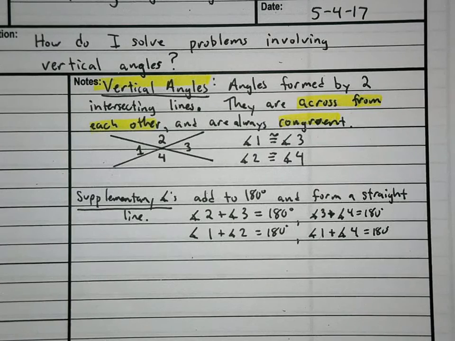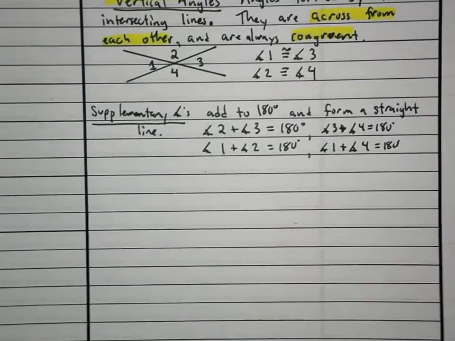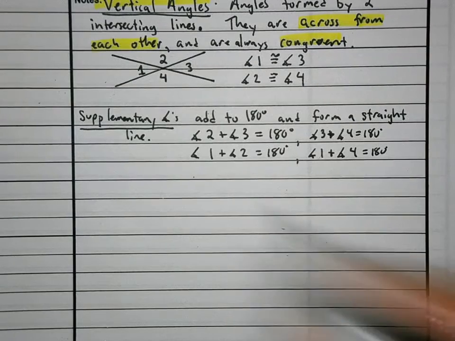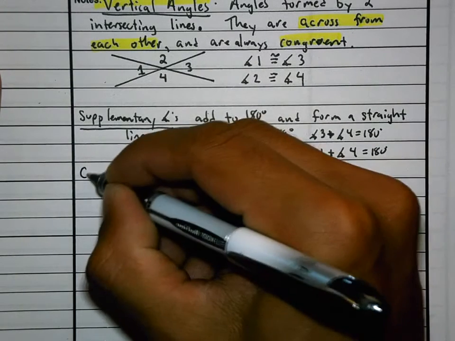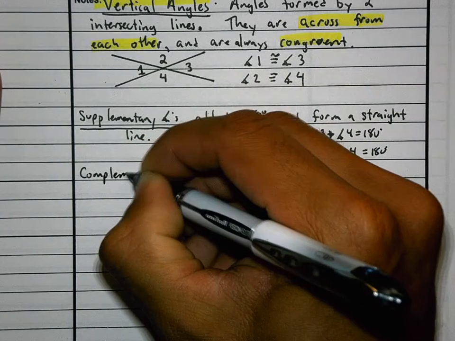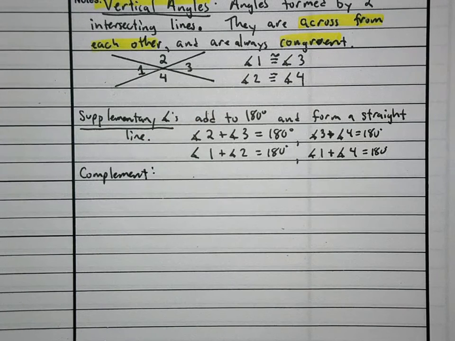One other word that you're going to need to know is complement. An angle's complement is the angle that it would take, when you add it to the angle, to equal 90 degrees.